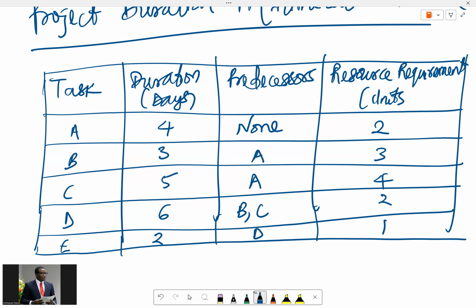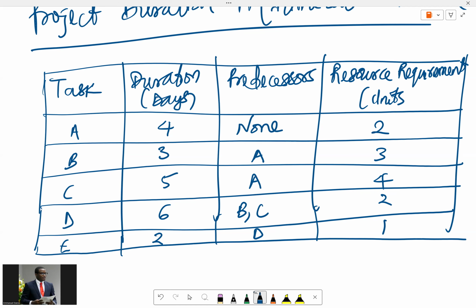Just like we see, task A has no dependencies, requires 2 units of resources, and takes 4 days to complete. Task B depends on task A, requires 3 units of resources, and takes 3 days to complete.